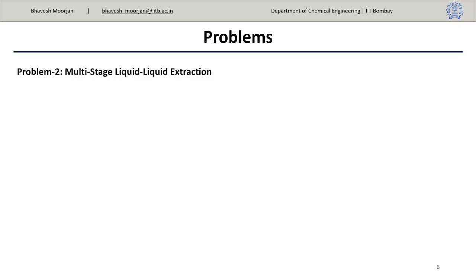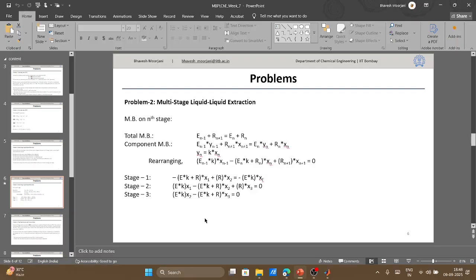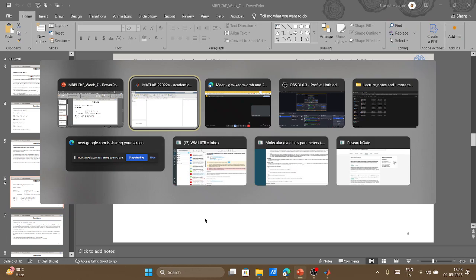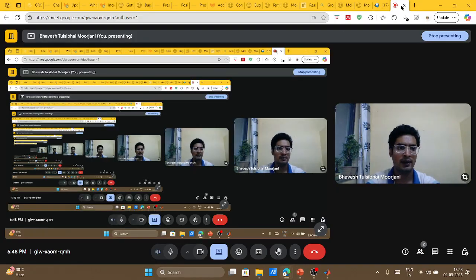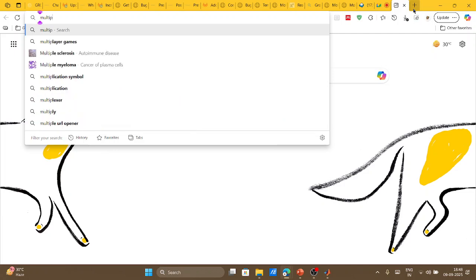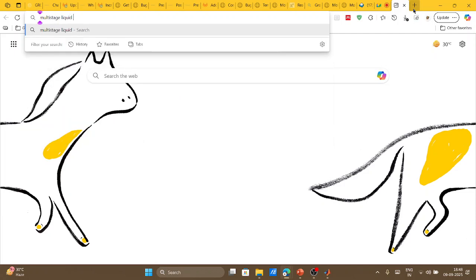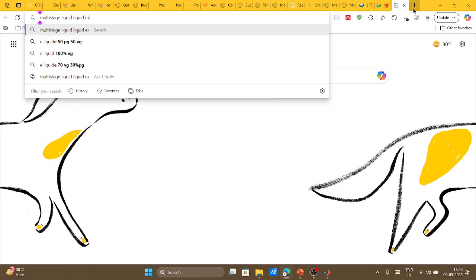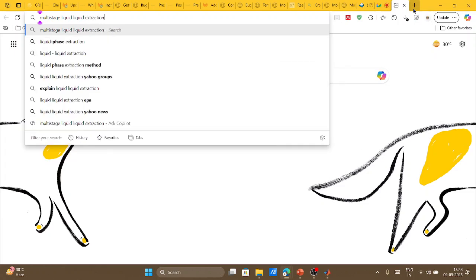So for this multi-stage LLE, if you consider any n stage, let me show you the LLE part. Multi-stage liquid extraction.